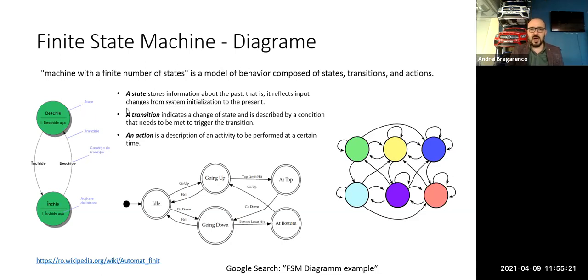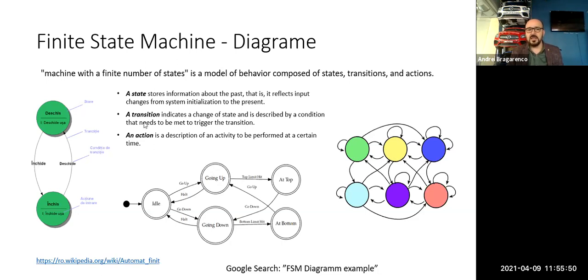A transition usually indicates the condition for changing the state, let's say from idle to going up, or from going up to the top. So a transition is the change of state by satisfying a specific condition.